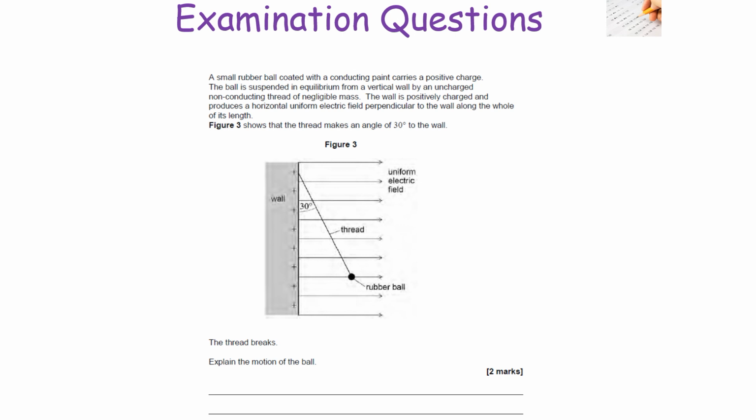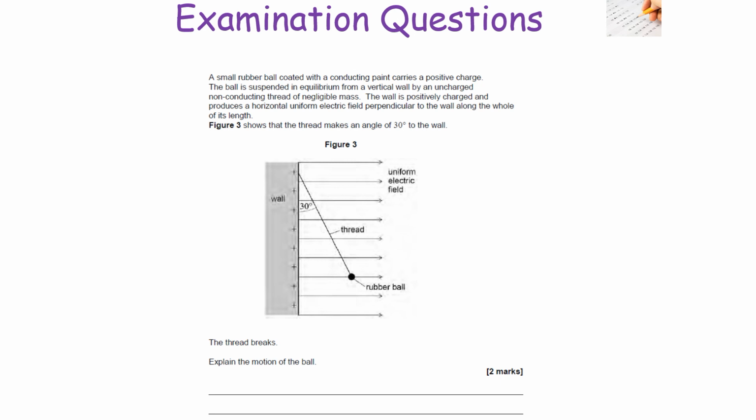Right, so what's going to happen is that when the thread breaks, there are going to be two forces acting on the ball. It's a charged ball with a positive charge, so it's going to follow the electrical field lines in the horizontal, so the ball is going to accelerate horizontally to the right hand side, but because it's now falling, it will also accelerate vertically downwards due to the force of weight.